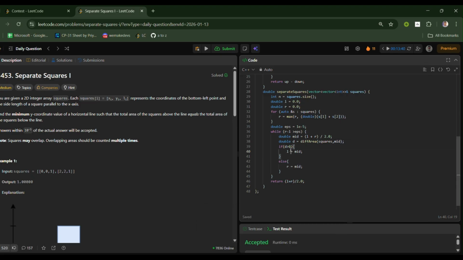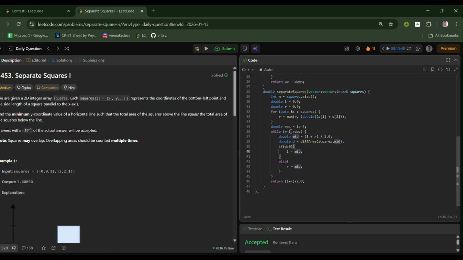But when we go to this part, if d is greater than 0, then we have taken l is equal to mid, else r is equal to mid. And if you see correctly, we didn't do l is equal to mid plus 1 or l is equal to mid plus 0.0001. No, we are finding the difference between r minus l, and we are looking at the value.